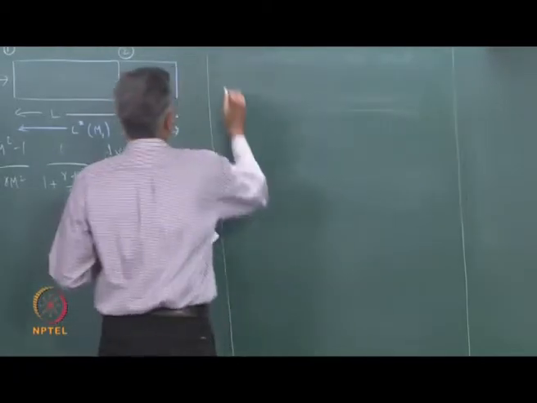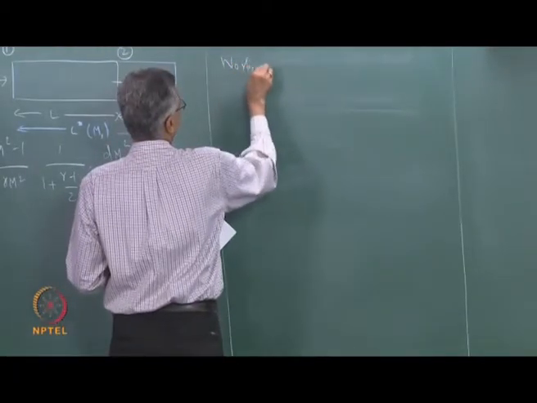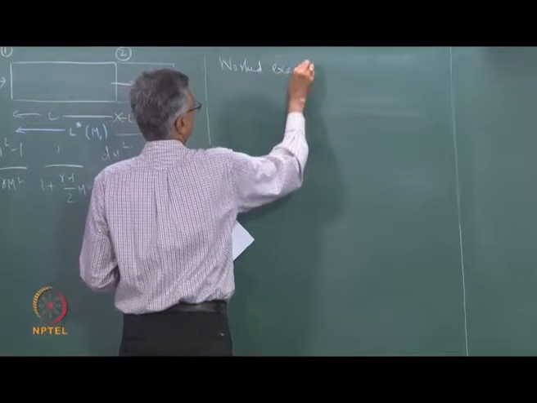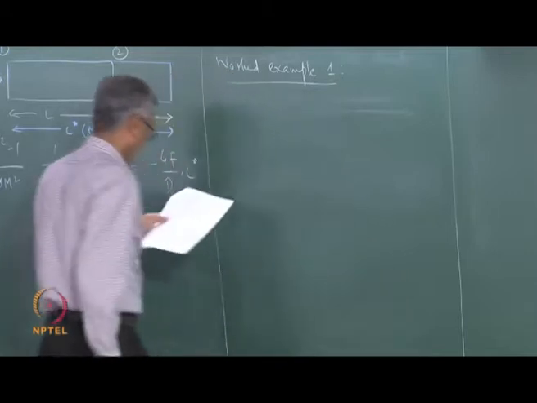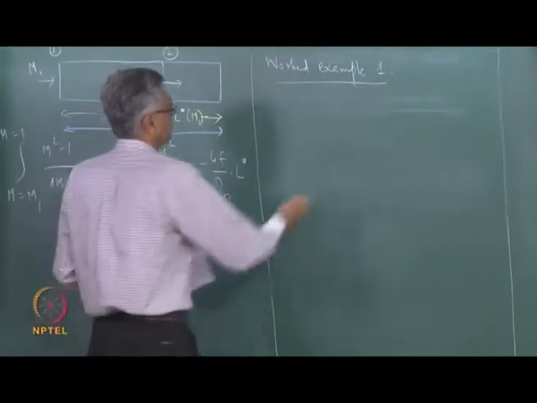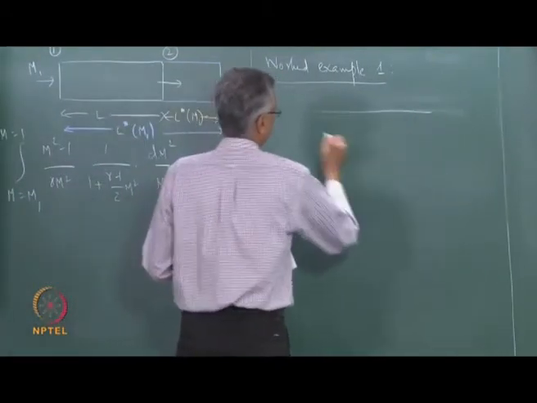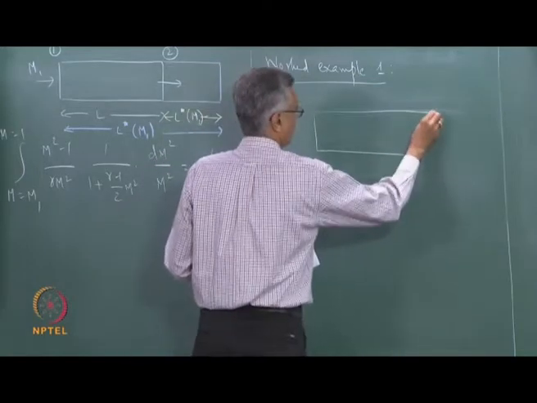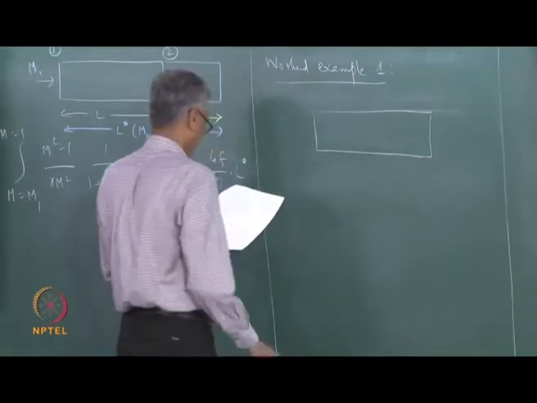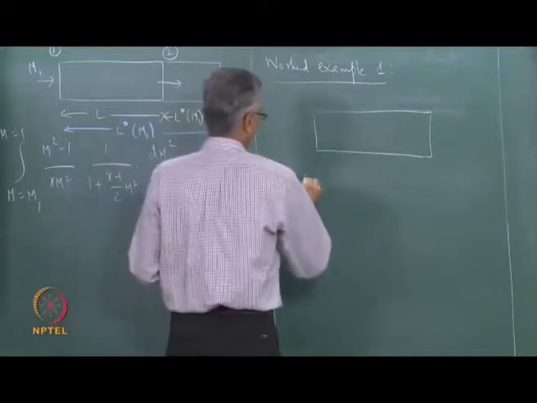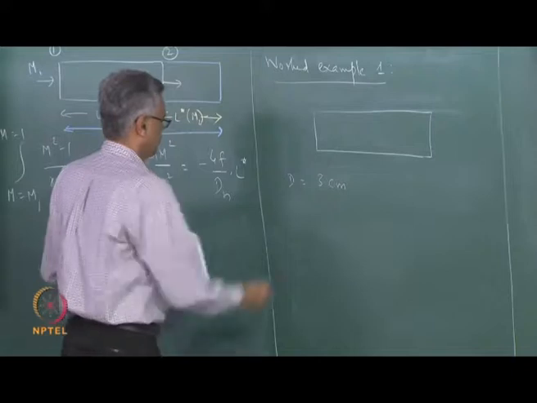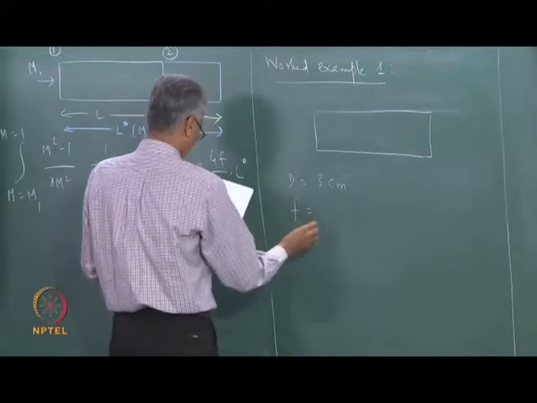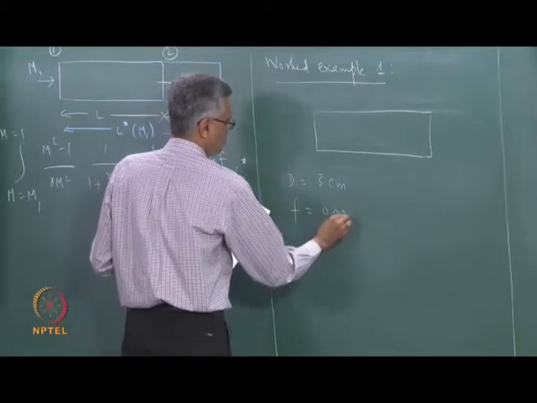So, let us write down the information here. Let us call this worked example 1. So, we are given a pipe, the diameter of the pipe is given to be 3 centimeters, friction factor F is given to be 0.02.